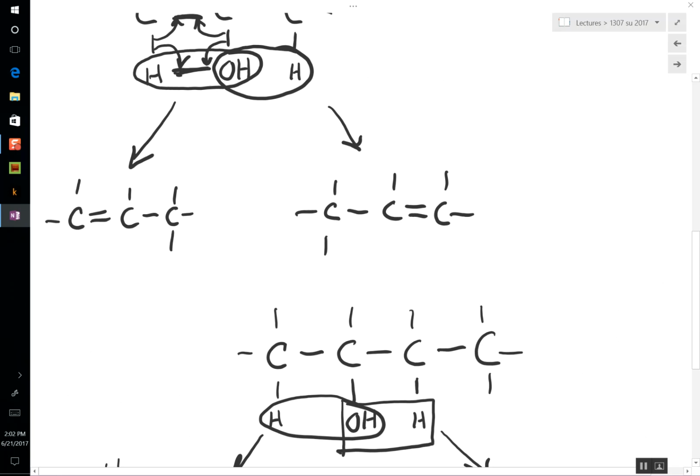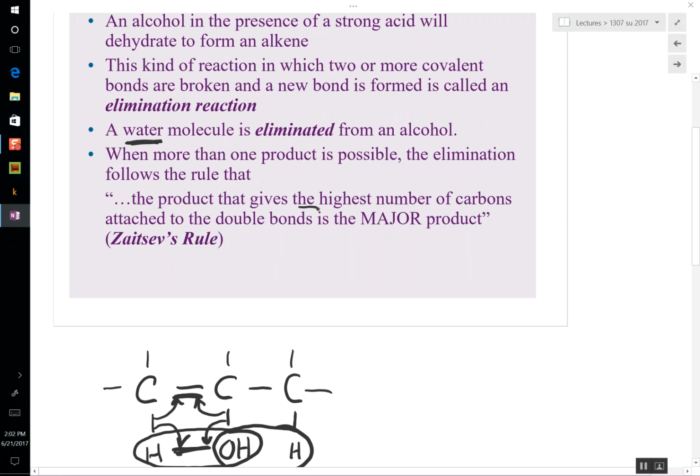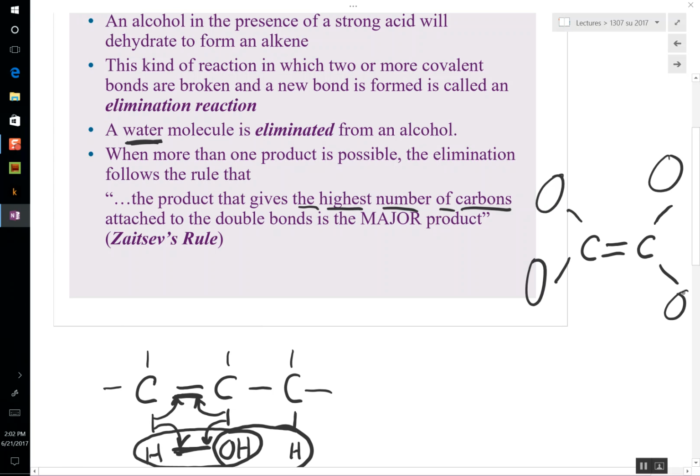Okay, now you'll see Zaitsev's rule said in a couple ways. Either here, the highest number of carbons attached to the double bond. So what you're looking at is a double bond, and a double bond is going to have 4 things around it. It can be hydrogens or carbons. You're looking for what are these 4, and you're looking for the most carbons that are attached.